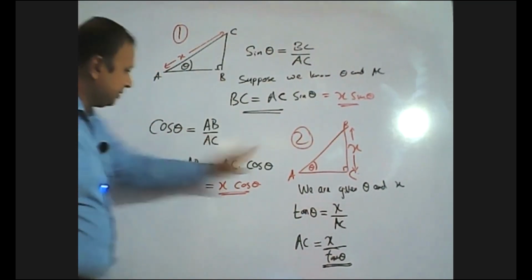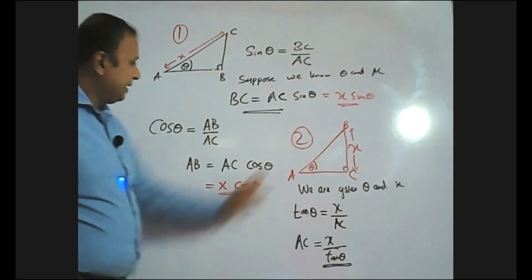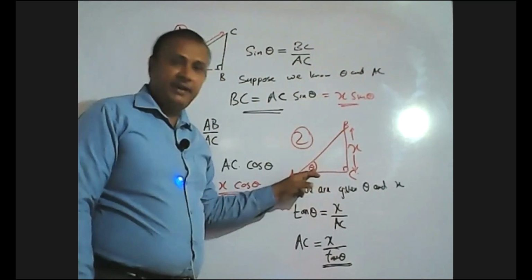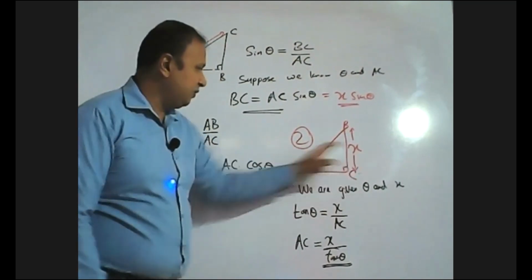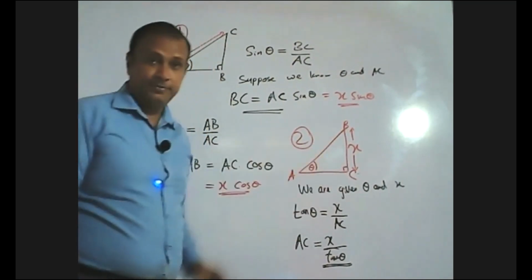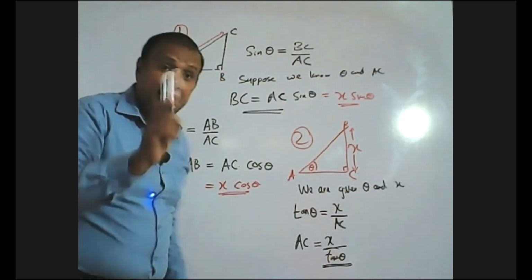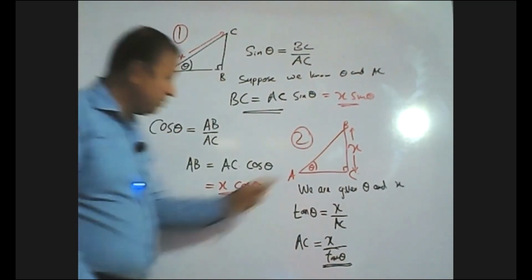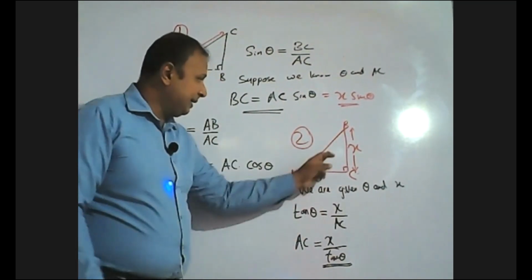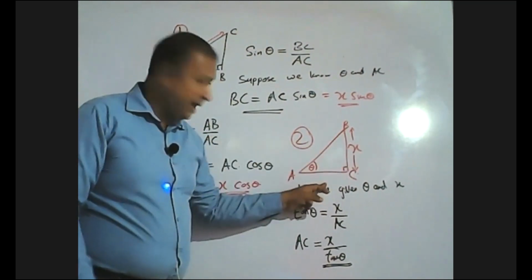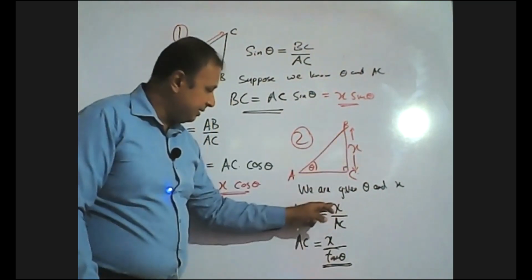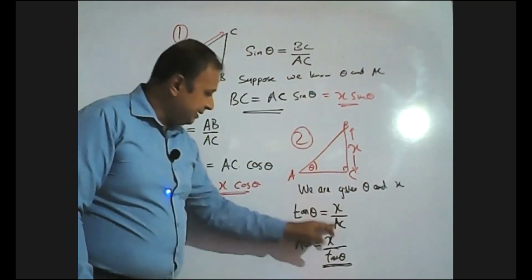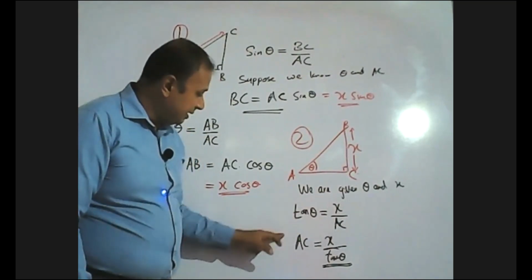Then again, this kind of one. The second thing: we are given a side and an angle. In this case, we don't know the hypotenuse and the other side. In this case, we can use tan theta instead of cos theta or sin theta. Tan theta is equal to opposite side over adjacent side. The opposite side is X, it is known, and the adjacent side is AC. From that, I can make AC the subject.